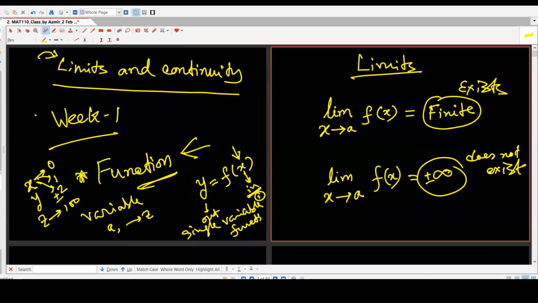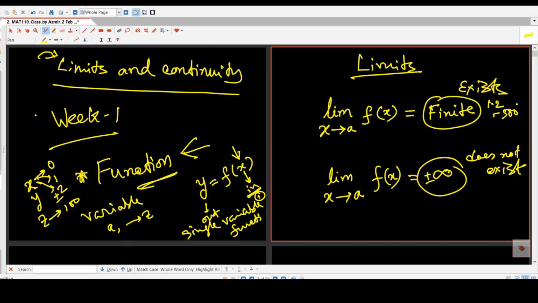This session will be mainly a problem solving session. We'll solve some problems and try to understand what a limit is and how to deal with continuous functions. If we have this type of notation, limit of f of x when x approaches a, and this gives us a finite value, let's say 1 minus 500, or 1.2, any decimal value, any large value, all these are finite values.